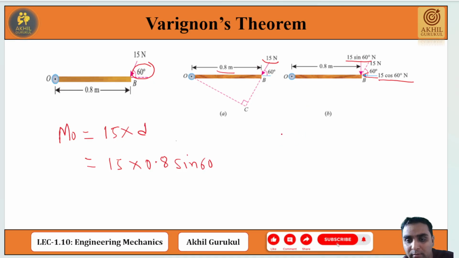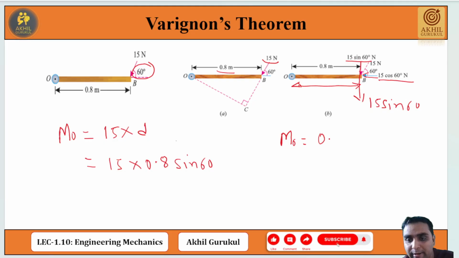So the moment of all components about O: what is the moment of 50 sin 60 about O? The distance between the line of action of 50 sin 60 and O is 0.8.